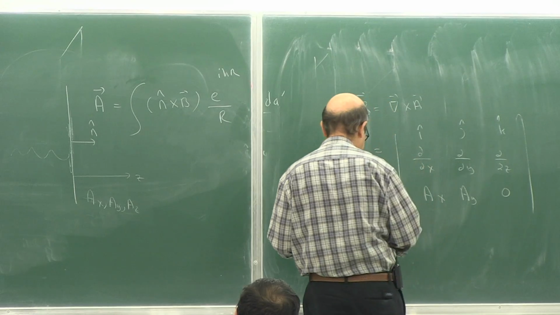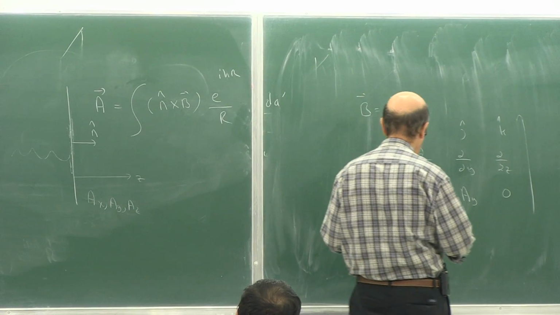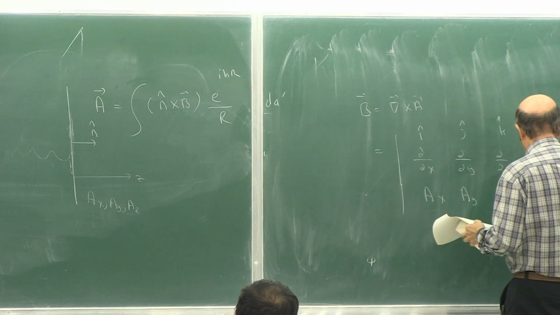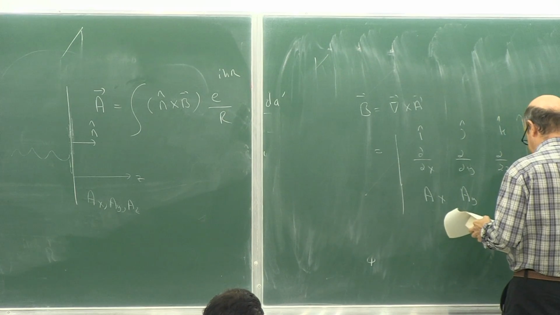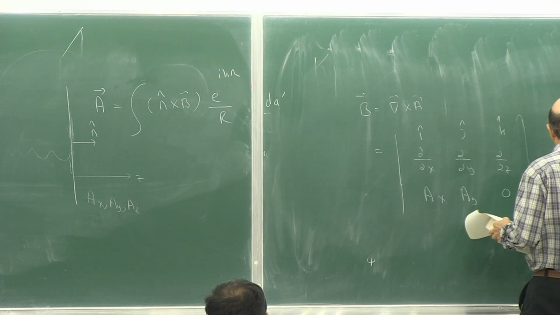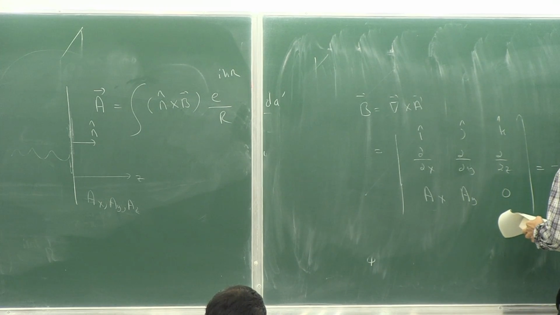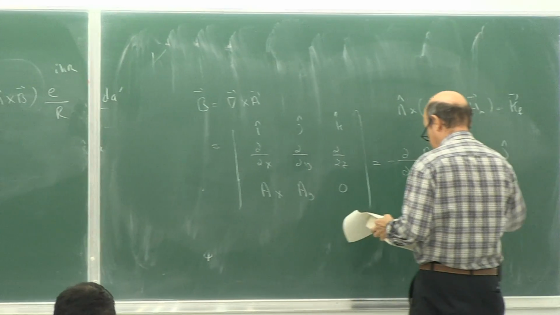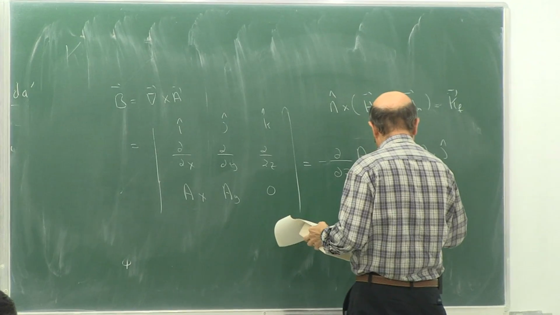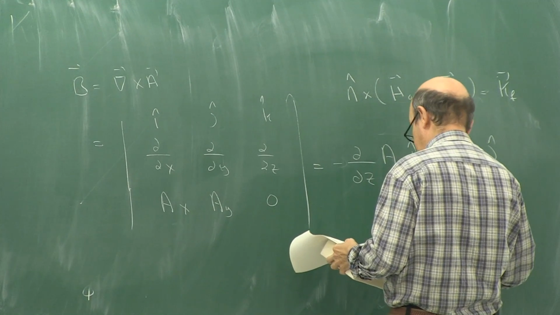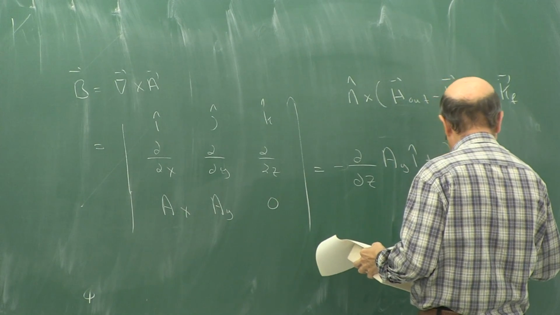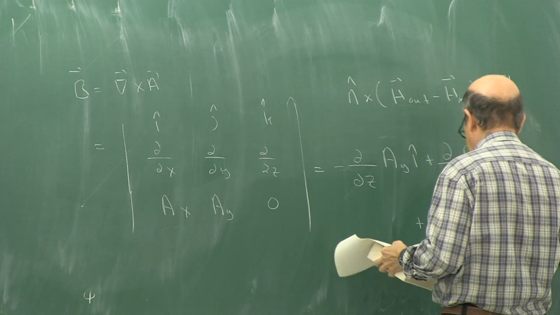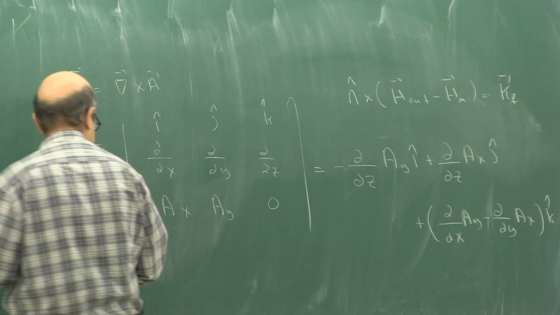If you take this, you are going to obtain the following. If you evaluate this, you will get del over del z Ay times i, minus del over del z Ax times j, plus some stuff related with the k hat, del over del x Ay minus del over del y Ax along k hat. So k hat is not important.